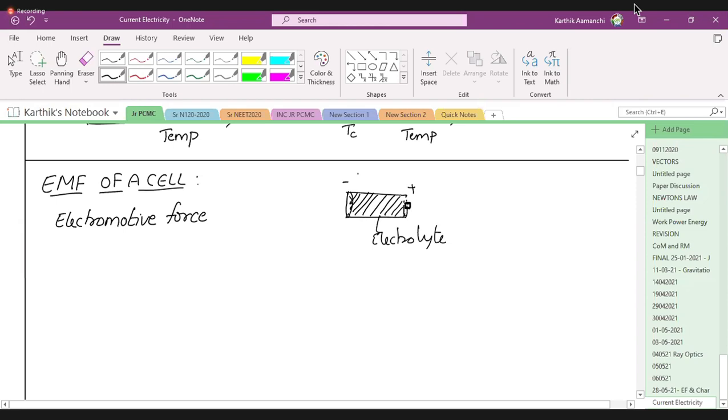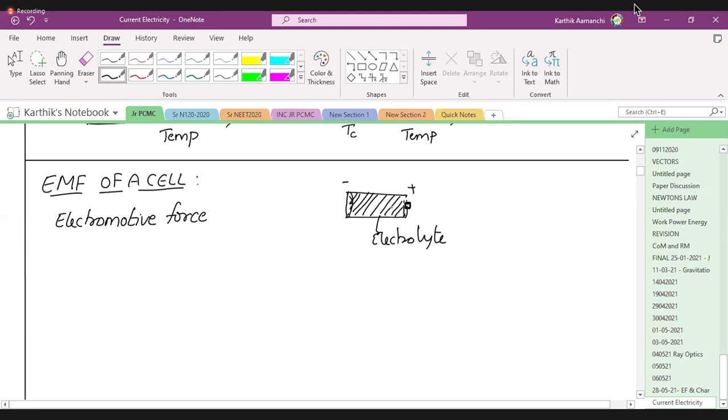So EMF is defined as the potential between the terminals of the cell when there is no current coming out of the cell, the ideal condition. Clear? After some time of using the battery, its power keeps reducing.